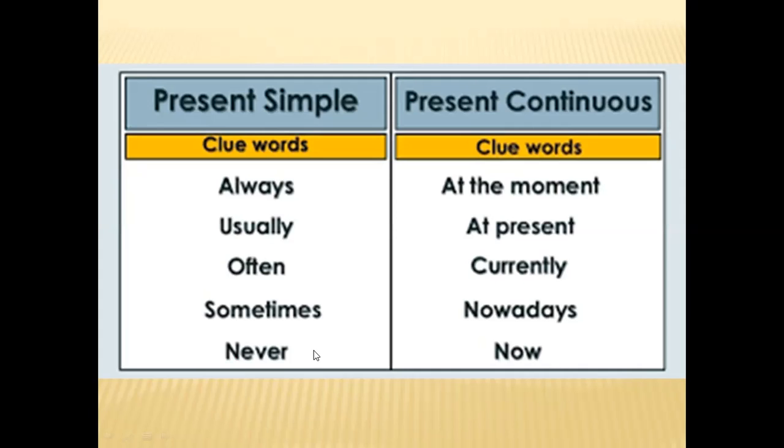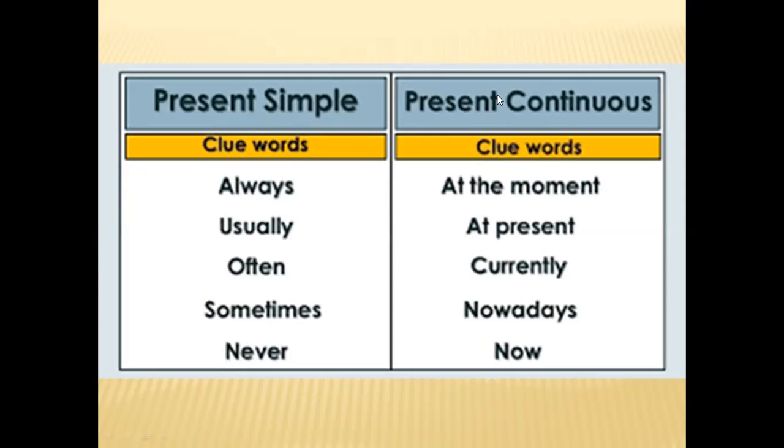For example, twice a week. Do you remember them? Every day, every week, once a week. All these words are going to help us to decide which of the two tenses we are going to use in a sentence. If you have these, you're going to use present simple.